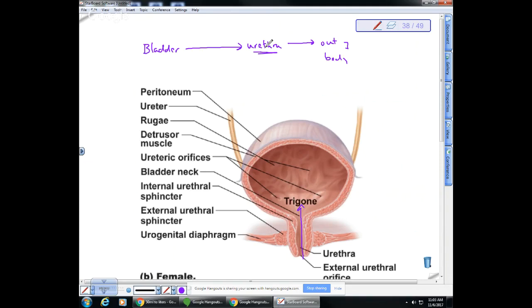So the ureters carry urine to the bladder, the urethra carries it out, and in the females, the urethra is short. And the opening is close to the vagina and the anus.